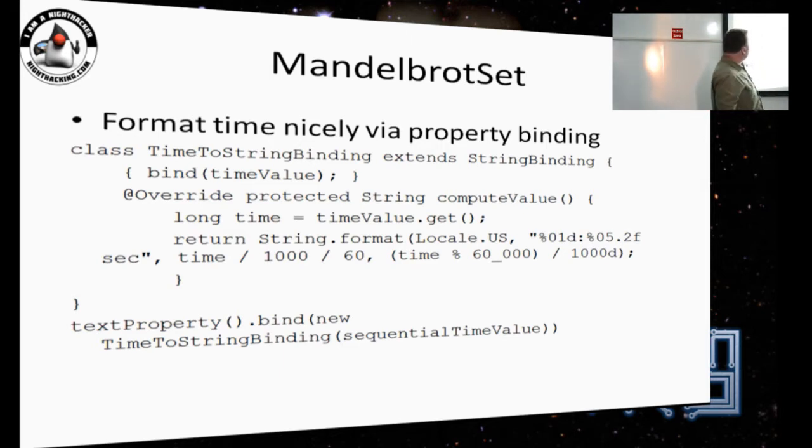And then somewhere in your component, you have a text property for a label. You just use the bind method with the time-to-string binding object, passing the property that represents the value you want to show. So this is just a short story about binding and the power of binding.